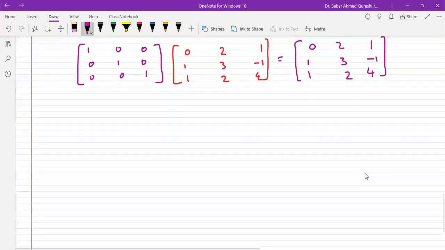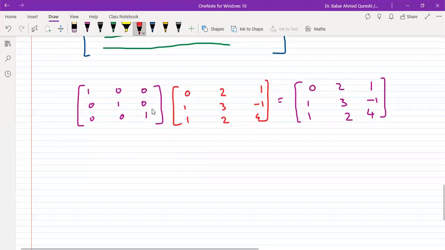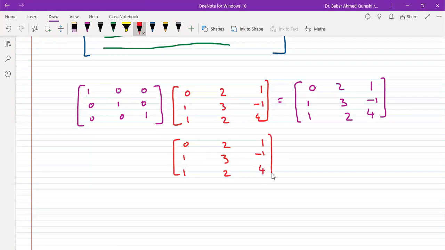So that immediately tells you that if you want to exchange the first and second row, for example, what you need to do is make a linear combination.